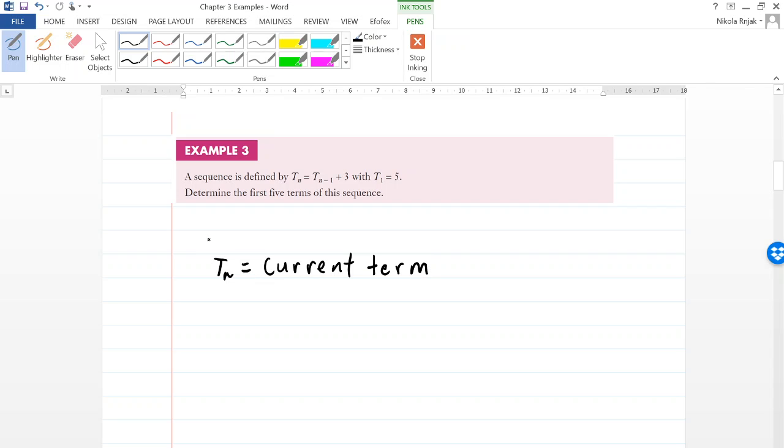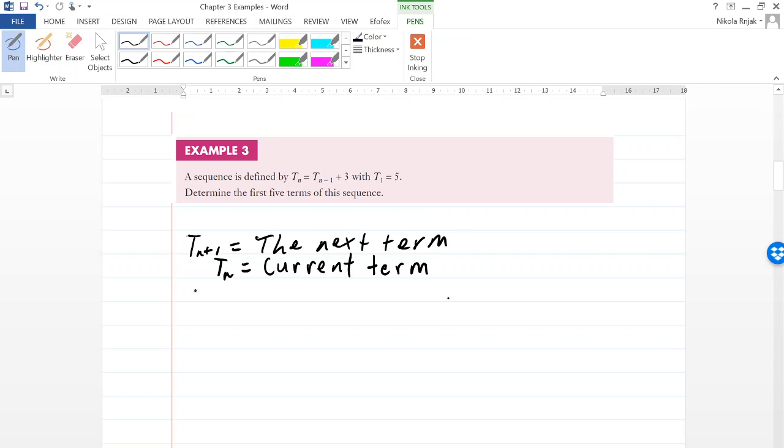If you see t of n plus 1, this generally refers to the next term in the sequence. That's why there's the n plus 1. It's like what you were on before, but then just one higher. So if you're on t5 before, now you're on t6, for example. So the next term in the sequence.